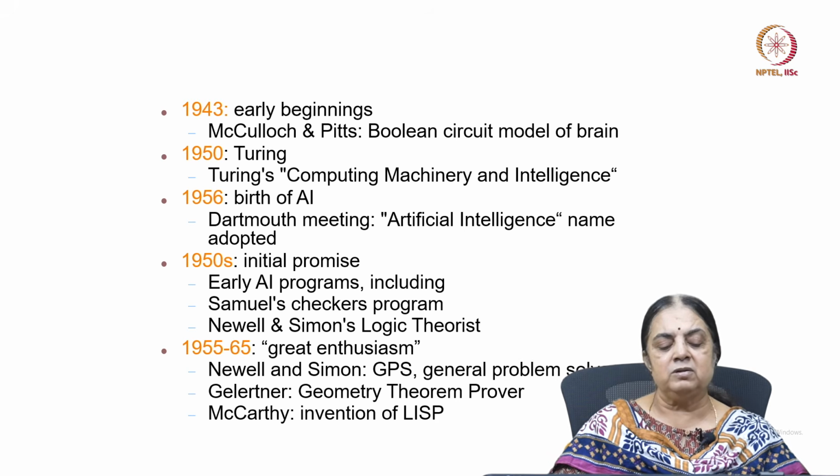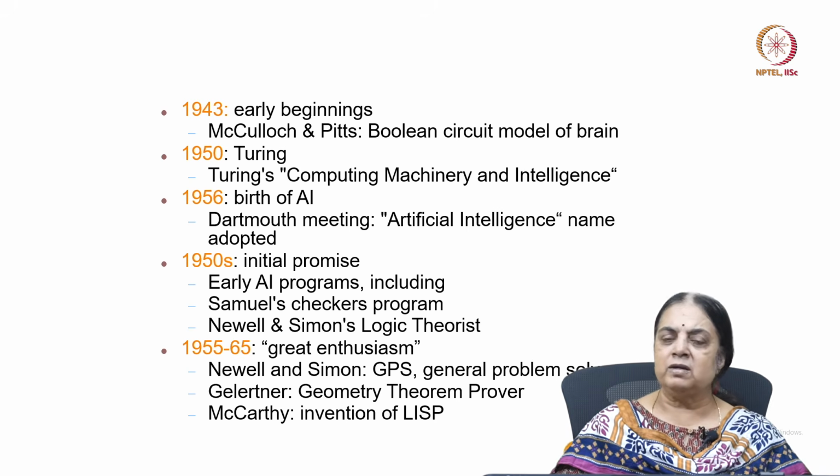And at this time, you have Newell and Simon coming up with what is called the GPS, or the General Problem Solver, and you have Gelernter, who came up with the geometry theorem prover, and like I said, McCarthy started the Lisp program in 1960.